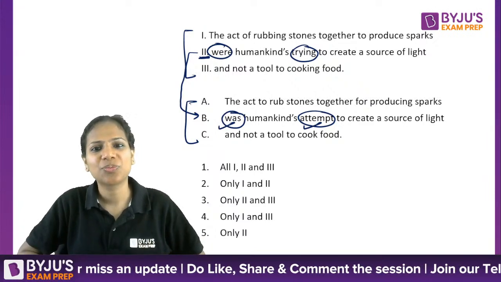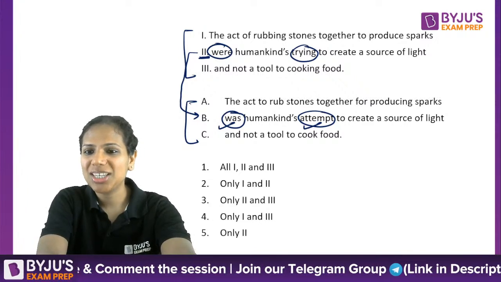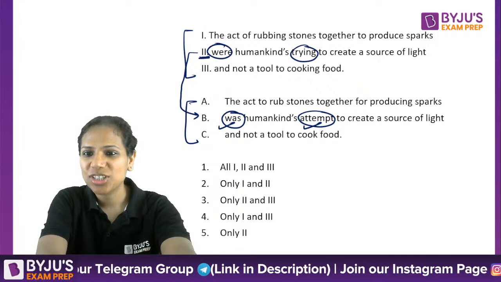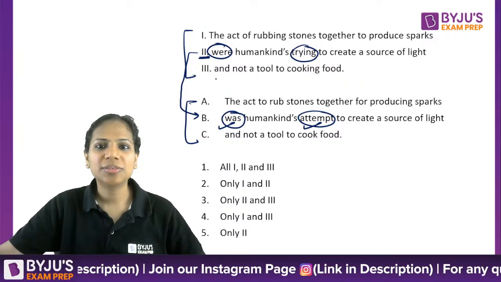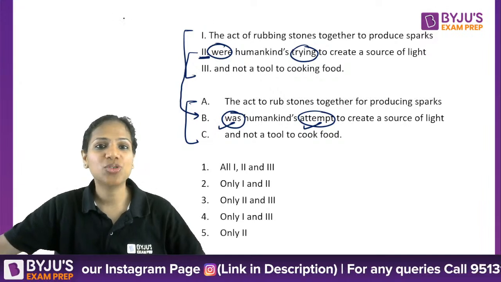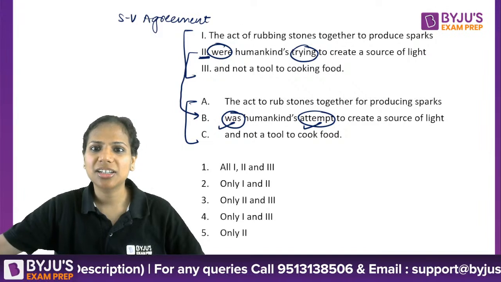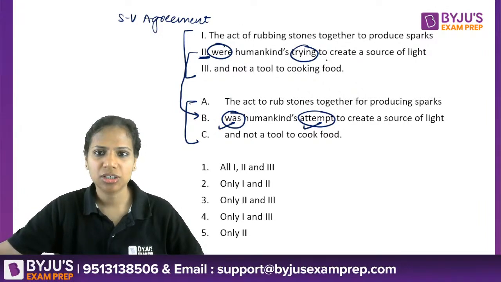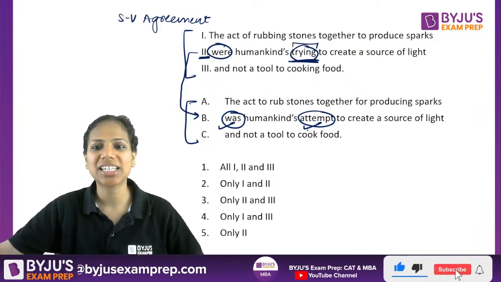That's it. Okay. So I've got 4, 3, 5. All right. I've got 1 also. Option 3. Okay. Some of you say that. All right. So here it's a subject verb agreement concept actually. When I say dash was or were humankind's attempt, this should definitely be attempt, not humankind's trying, but humankind's attempt.